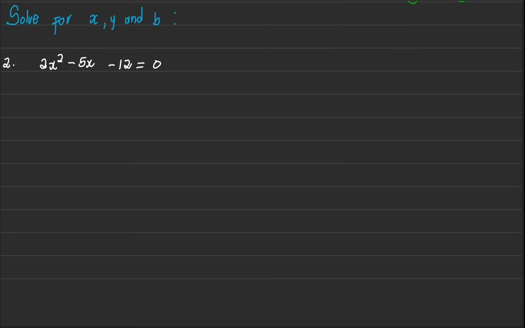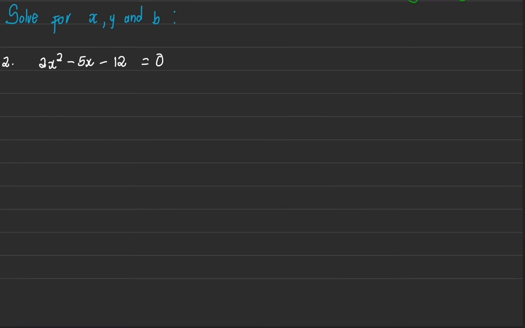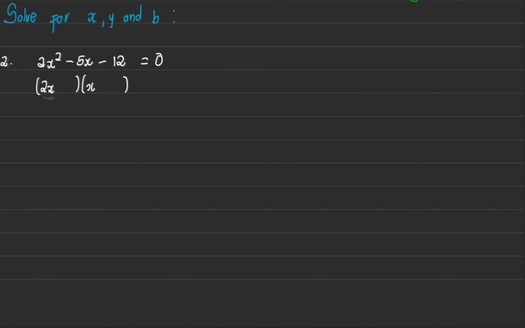And then we go to the third step, which is factorization. So we need to find factors. So we write our two brackets as usual. We have 2x this side and x this side, because 2x multiplied by x is equal to this 2x squared. So the next thing to do is to find the factors of -12.